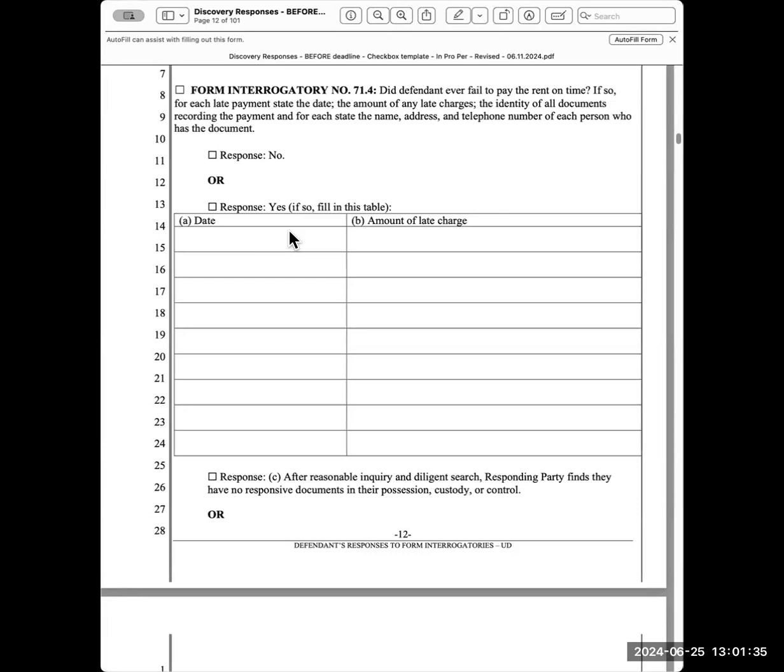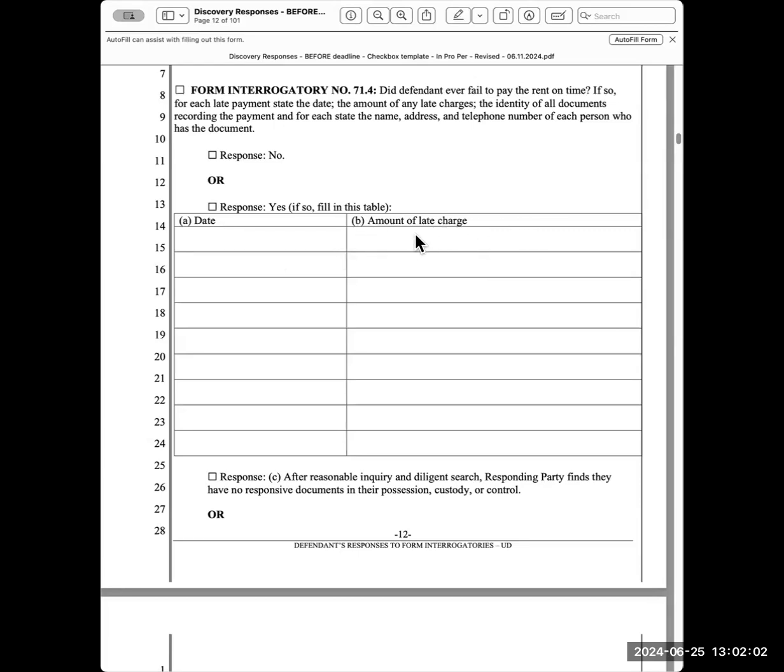You're going to try to cover the period, especially going back to where the notice demands. But this question is asking, ever fail? So if you have information going back to the beginning of your tenancy, you should put that in here as well. You can put for date on or about if you're not sure, and you should always try to answer honestly.